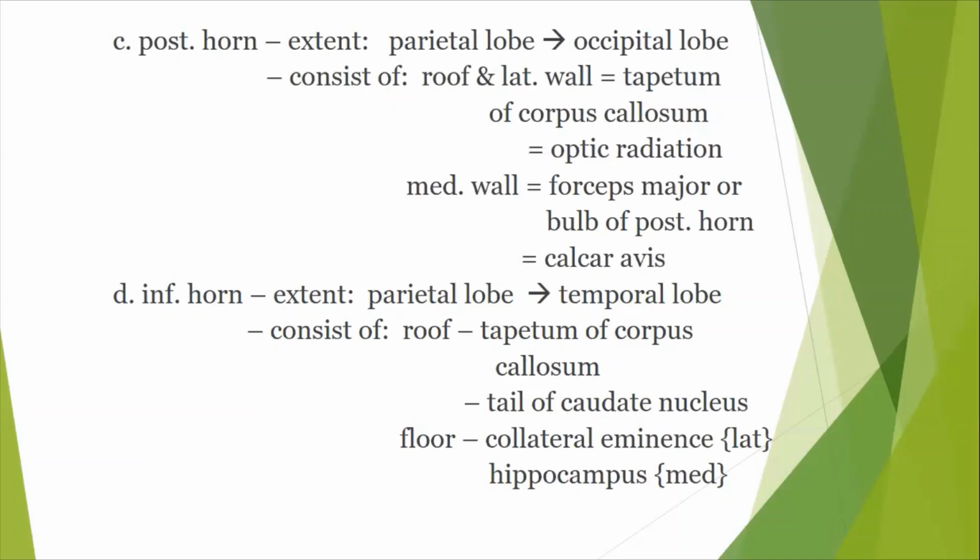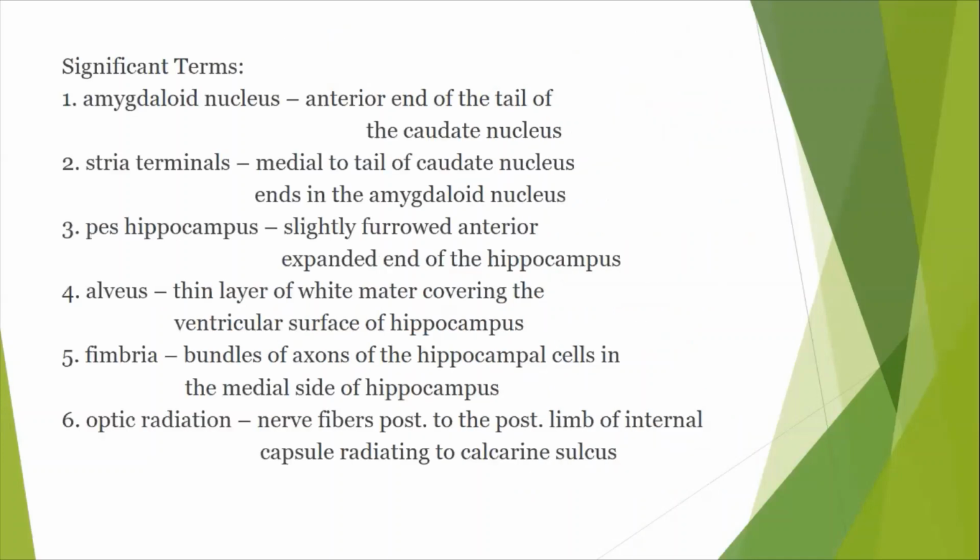So your inferior horn will be projecting from your parietal lobe to your temporal lobe. It will consist of a roof formed by the tapetum of the corpus callosum, just like your anterior horn, and the tail of the caudate nucleus. And the floor will be formed by the collateral eminence laterally and the hippocampus medially.